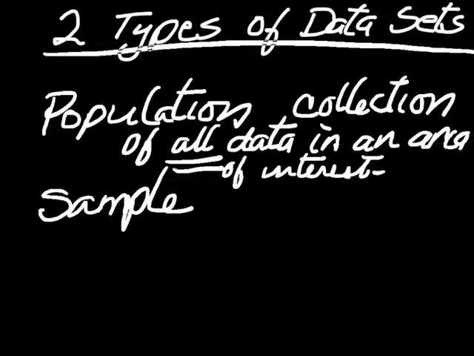A population has to be a collection of all the data in the area of interest. So I would have to count the racial diversity of all the students on the campus and get all outcomes, responses, measurements, or counts in my area of interest. Remember what we did on the first page: observations, counts, measurements, or responses.